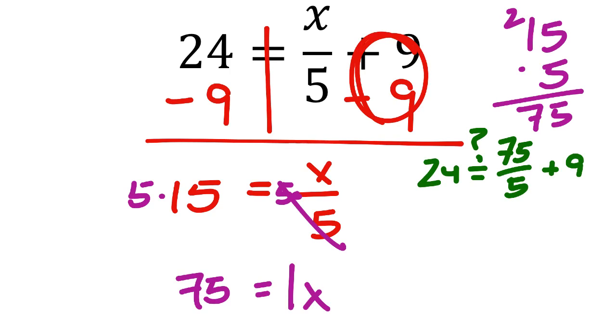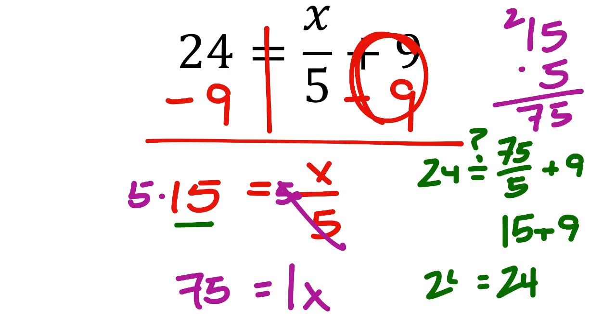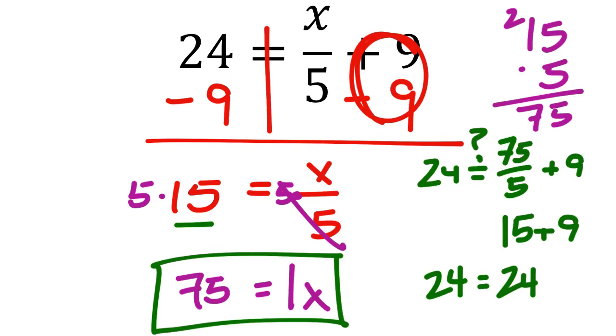Well, 75 divided by 5, again, we see this value come back, 15. 15 plus 9 is 24. So that is a true statement. Again, you could just type it into a calculator. That would have been fine. So this value of x would make that original equation a true statement.